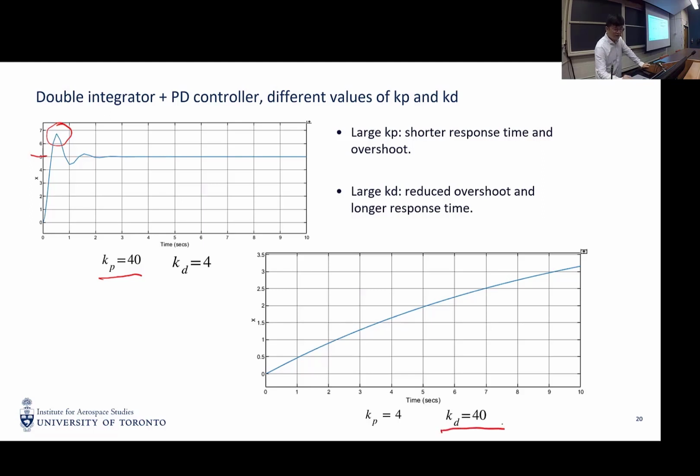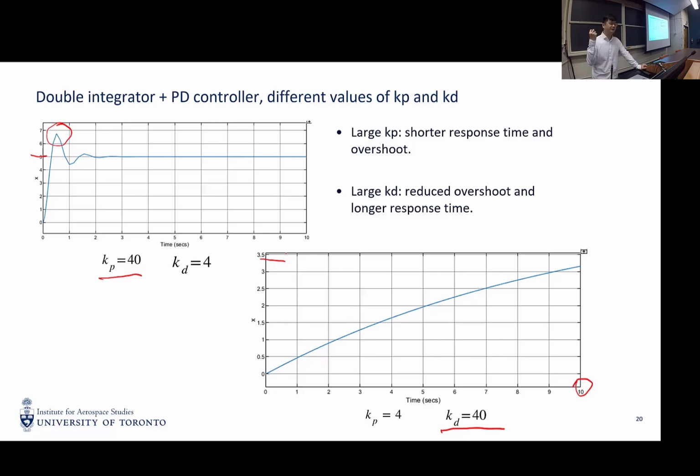And if you pick a very high KD, then at the end of the simulation, at 10 seconds, it has not reached the goal yet. If you pick a very large KD, because you have a very large damping force, you will have a system with very slow response. So here is a rule of thumb.